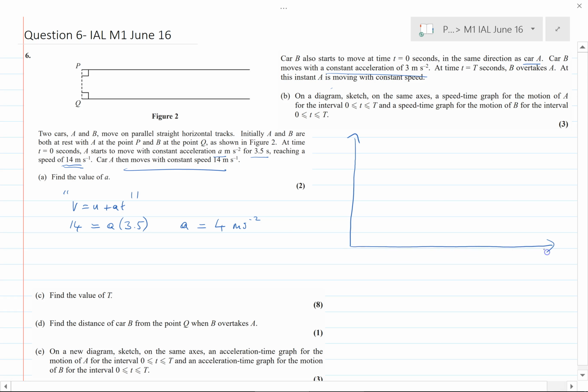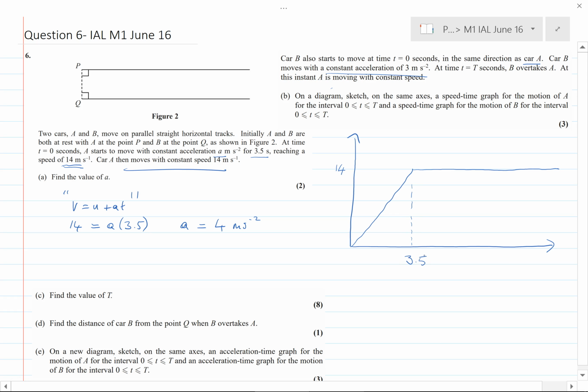So A, as we've just seen, accelerates at 4 meters per second squared, and then it moves at a constant speed of 14 meters per second, like that, and that being 3.5 here.